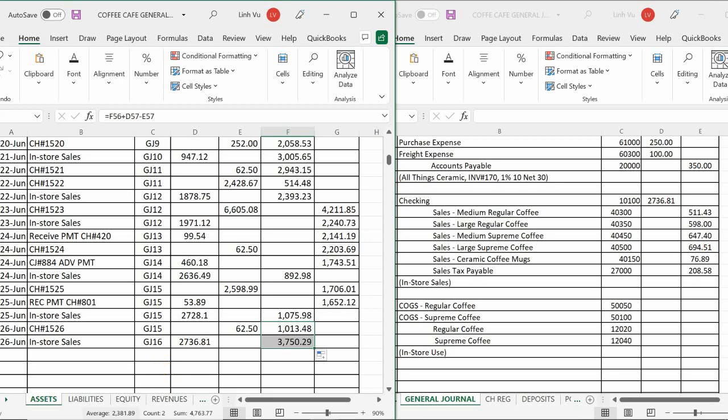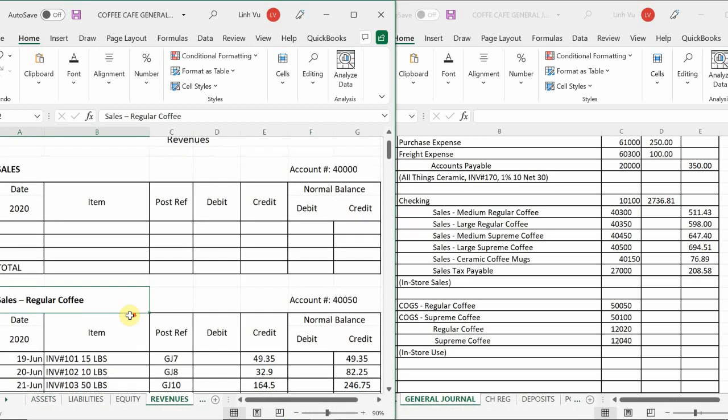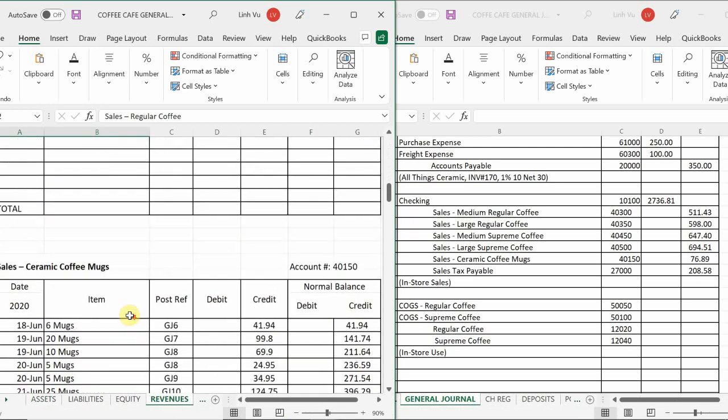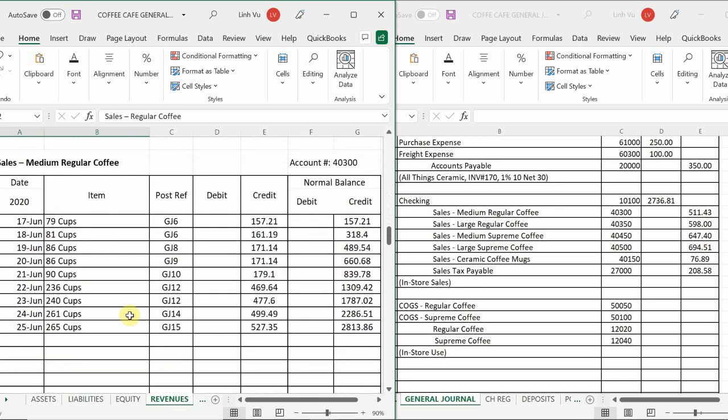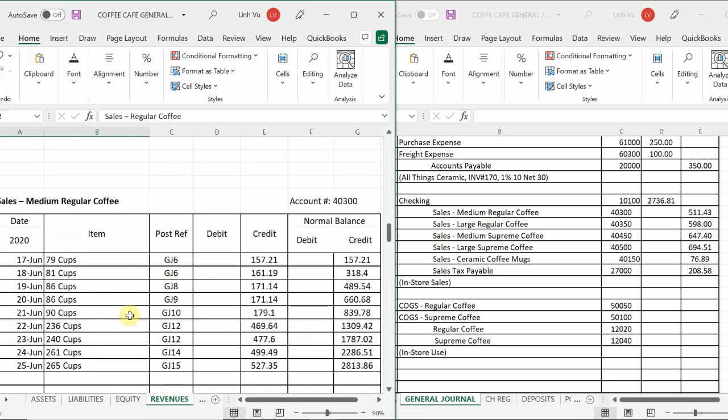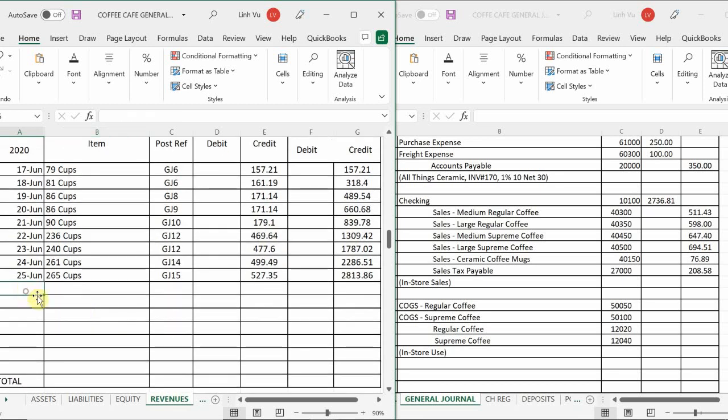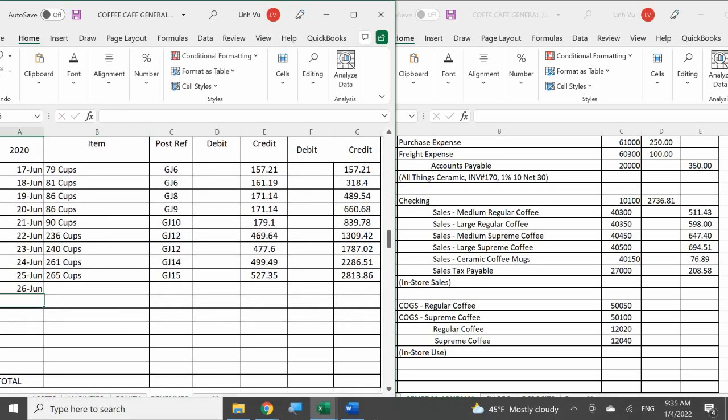So now we've got to go to our sales. So what is going to be the medium? How many cups do we sell? 257.